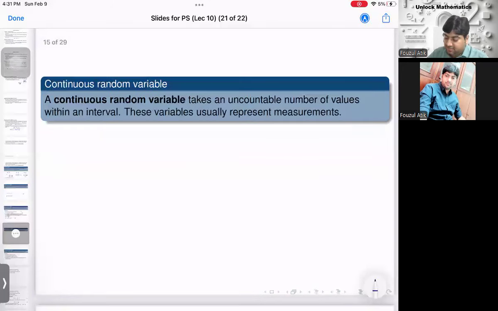Now look at the definition of a continuous random variable. As I discussed, continuous means that you cannot even count the values. If you have even a small interval, 0 to 1, how many points are there on this line between 0 and 1? You cannot count. Even from 0 to 0.1, how many points are there within that?